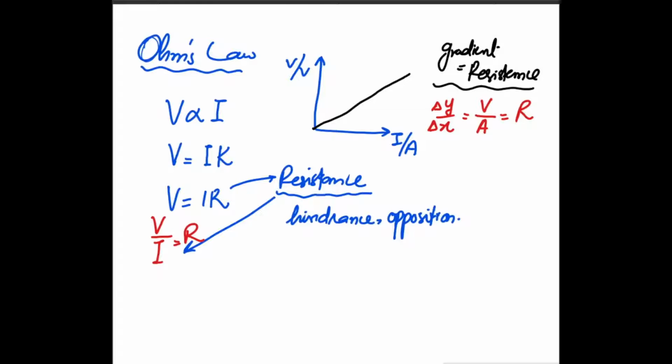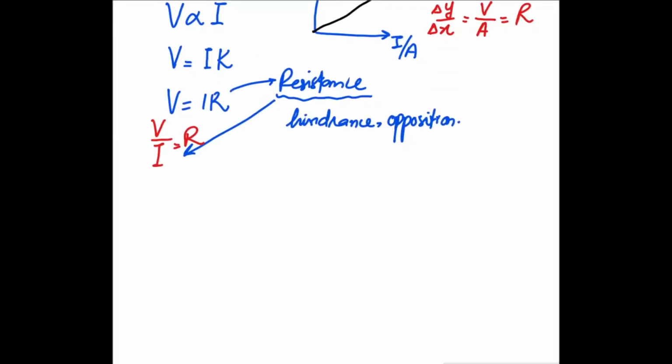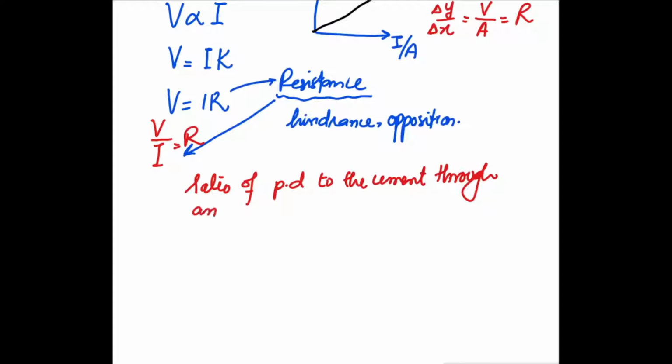So this resistance is actually defined, in mathematical terms, as the ratio of potential difference to the current through an electric component.